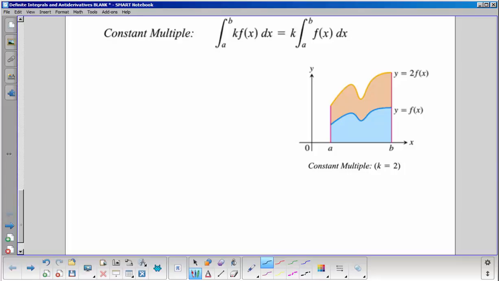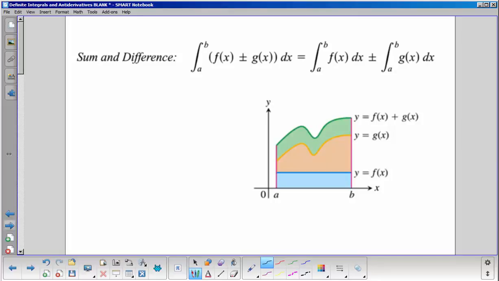So what could I do with that constant? I could pull it out in front, right? So that's the constant multiple property. Just like derivatives, right? You can pull a constant out in front of a derivative. This is pretty logical. Everybody get that?